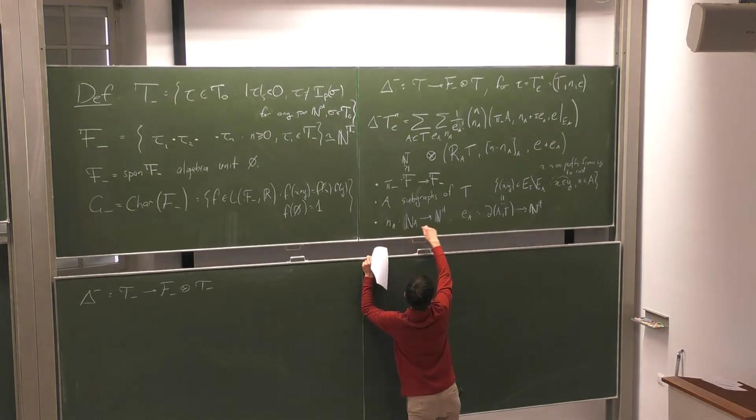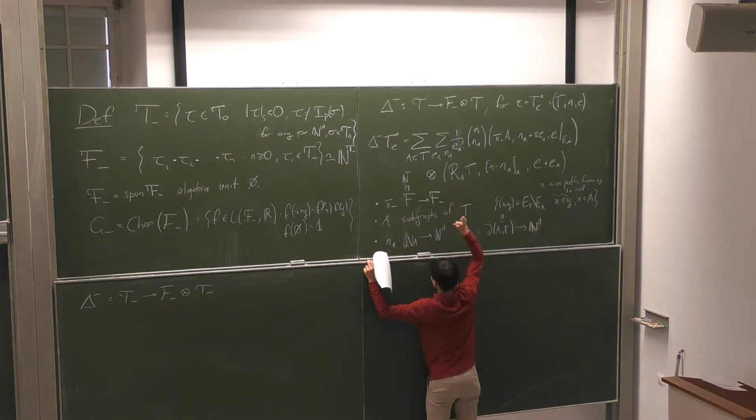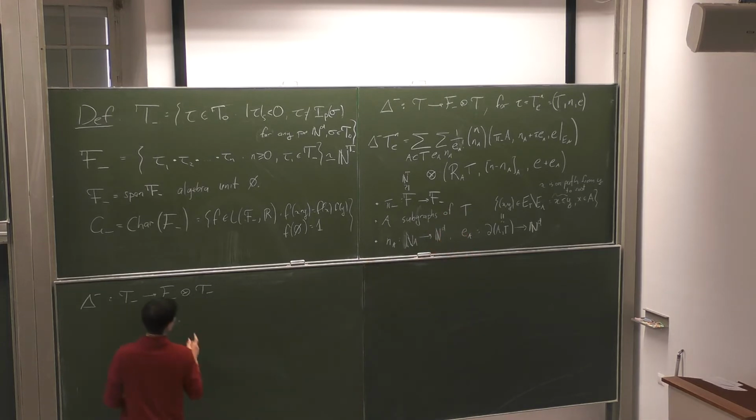All that I would do is add a projection onto the negative trees when I contract T, and then I extend it to the whole of F minus. F minus, if you just look at its definition, is freely generated by the span of the negative trees, and so I can extend this multiplicatively into F minus tensor F minus.